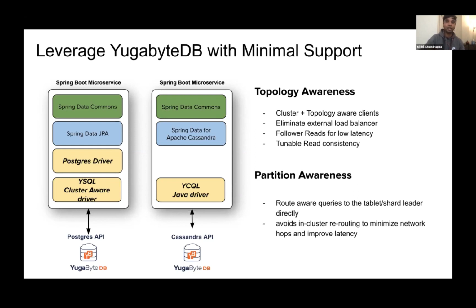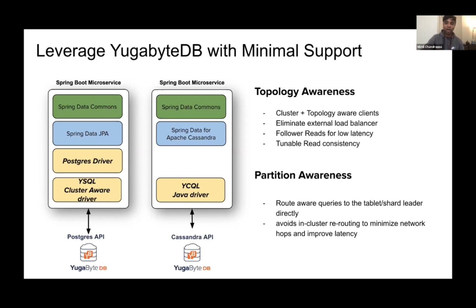And we have other things like follower reads for lower latency, so that it can go to the local data copy and doesn't go to a region that is not local. And also we have tunable read consistencies. All these things we are trying to bring into the JDBC world.